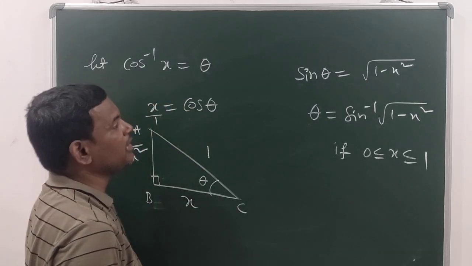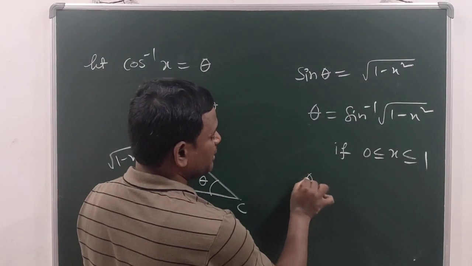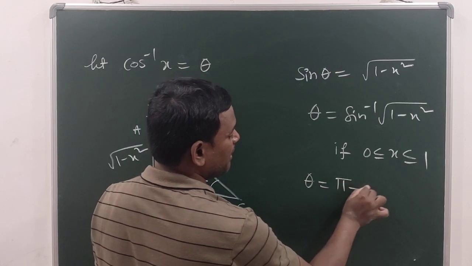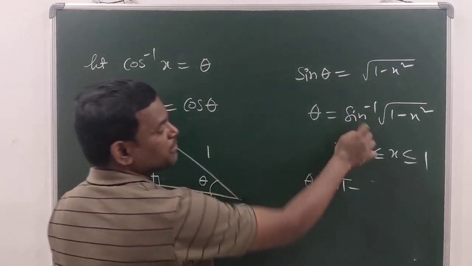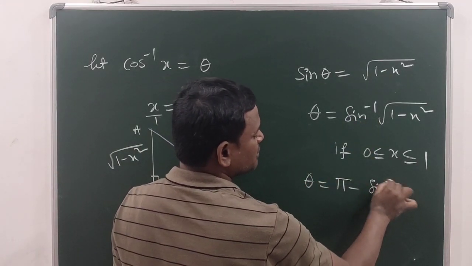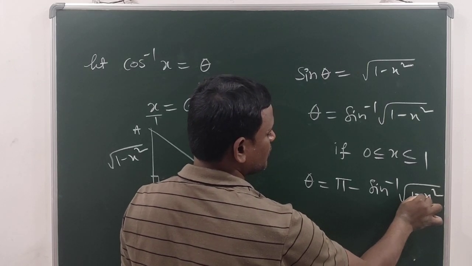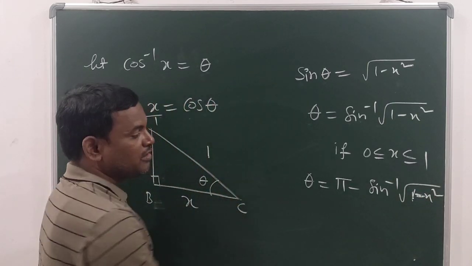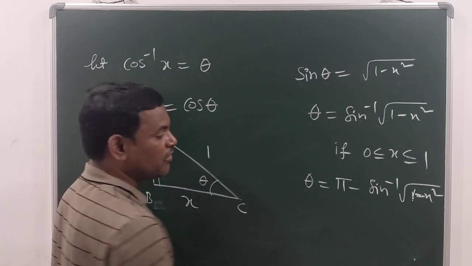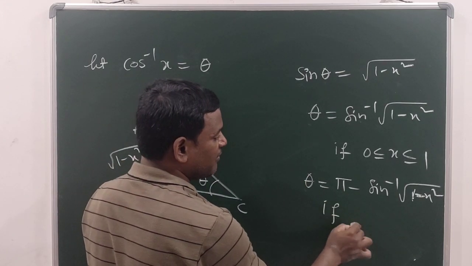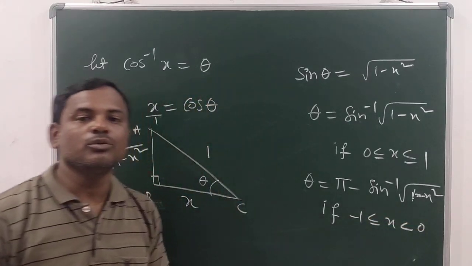So that here, what do you get? Cos inverse of x equal theta you have taken now. So here, theta is equal to what do you get? Pi minus cos inverse of x. But cos inverse of x equal this much you got, no? Sin inverse of root of 1 minus x square. Okay students. So we have to take theta is equal to pi minus sin inverse of root of 1 minus x square, whenever x value is minus 1 to 0.